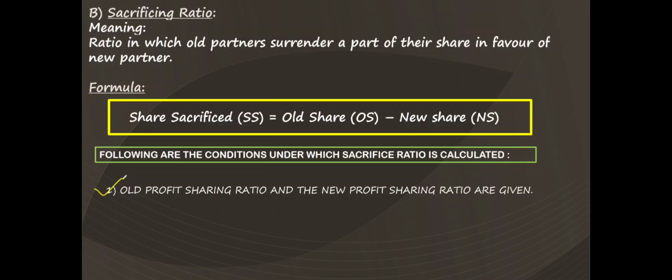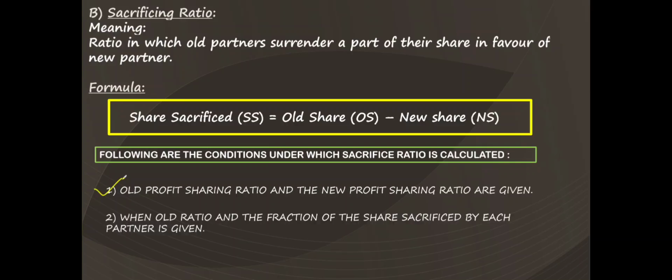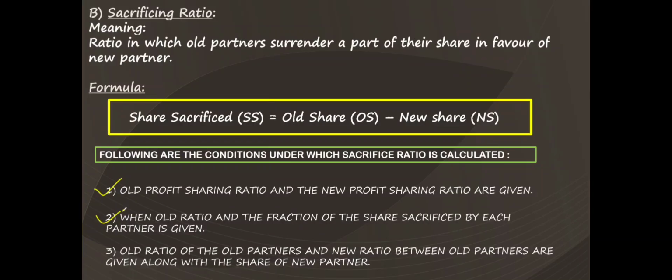The second condition is when old ratio and the fraction of the share sacrificed by each partner is given. And the third condition is when the old ratio of the old partners and the new ratio between old partners are given along with the share of the new partner. So we are going to see how to calculate the sacrifice ratio under these conditions.